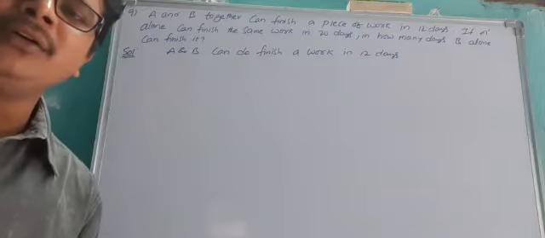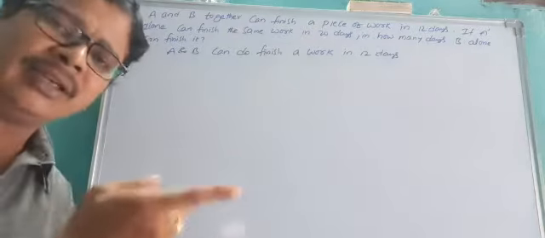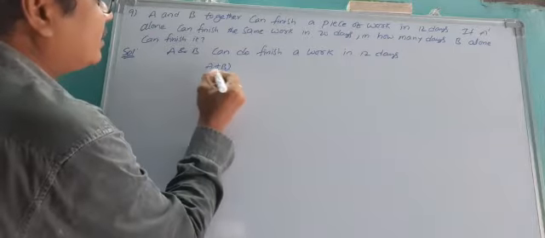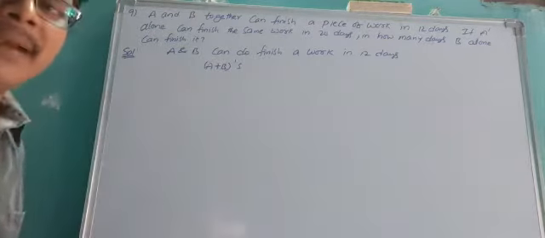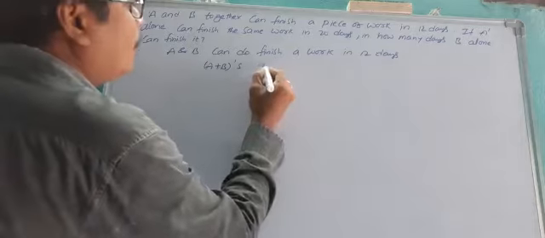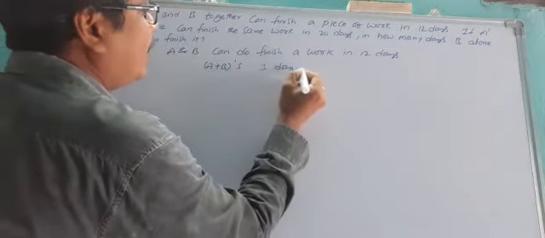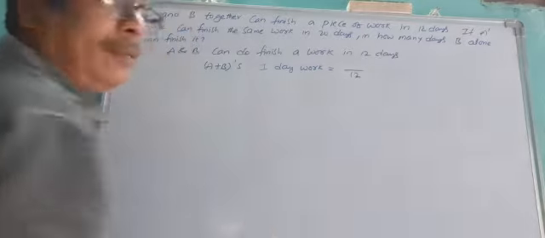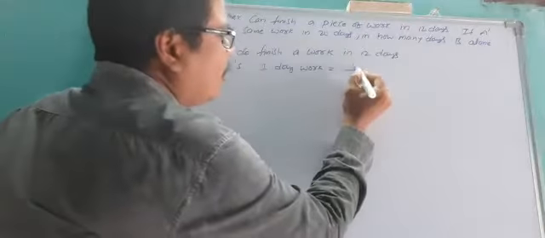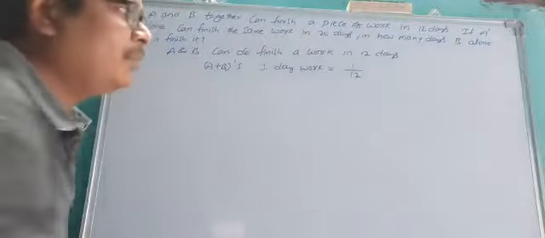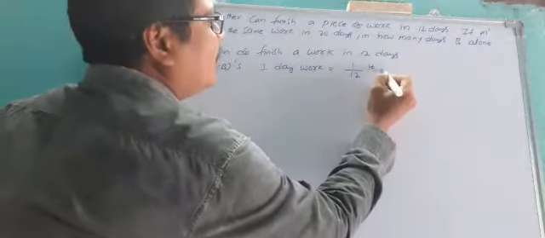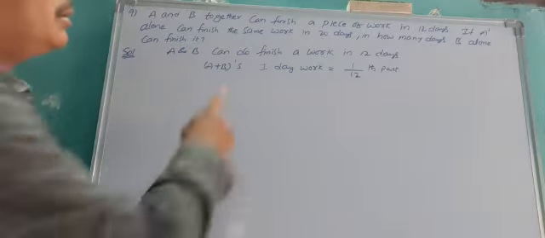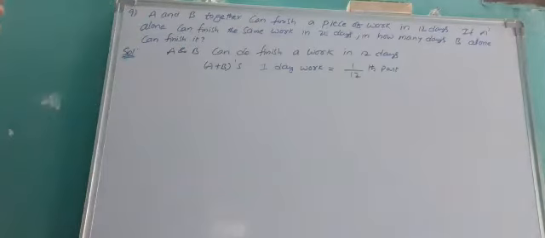Now we have to find out 1 day's work of both of them together, that means A plus B's 1 day work. So out of 12 parts, one part is completed in 1 day. That means 1/12 part is completed.